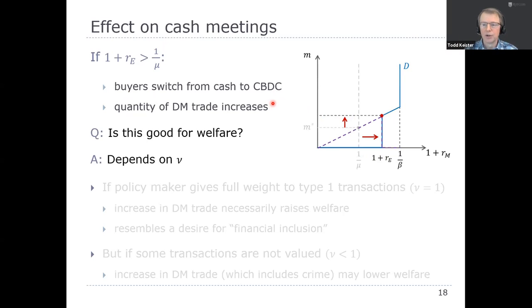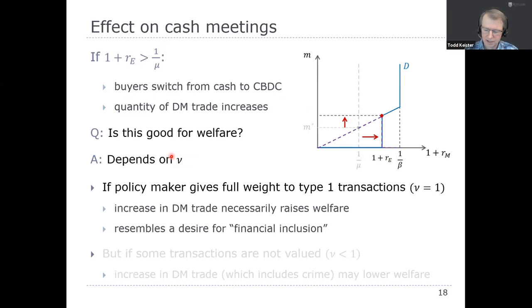Is that good? Well, it depends on, remember this parameter nu, how the policymaker feels about the value of these trades in type 1 meetings. So if we set nu to 1, meaning the policymaker fully counts the utility that these cash buyers get, well, then the increase in DM trade necessarily raises welfare. So when nu is high, we're going to think of that as a policymaker who's concerned about financial inclusion, right?